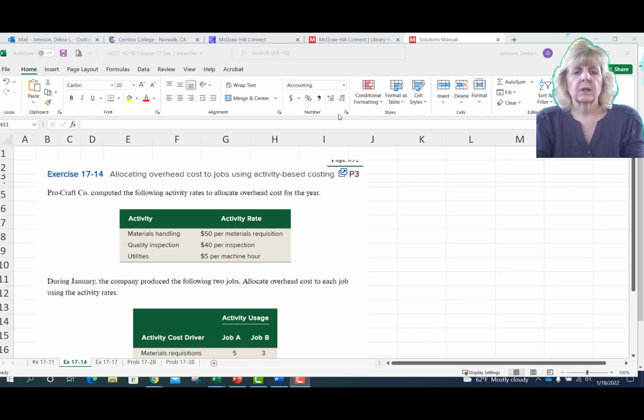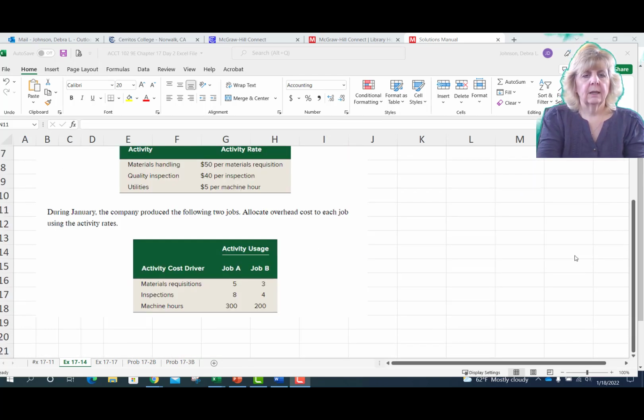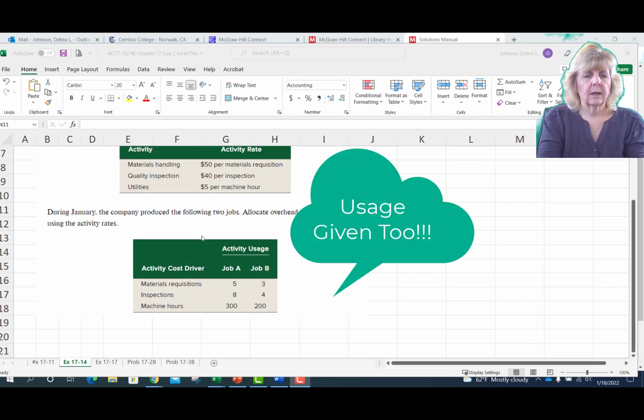Here's another introductory exercise to activity-based costing. In this one, they gave us the rates. That means the author has completed the bucks over basis calculation for 3 different levels of activity. In addition, he's provided how many resources or what part of the resources job A and job B used.